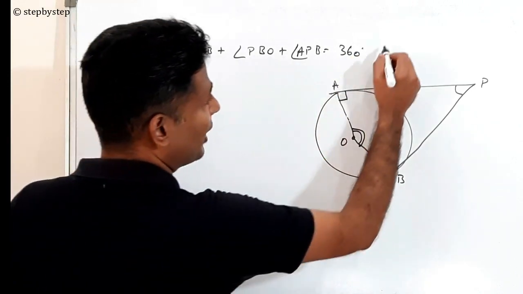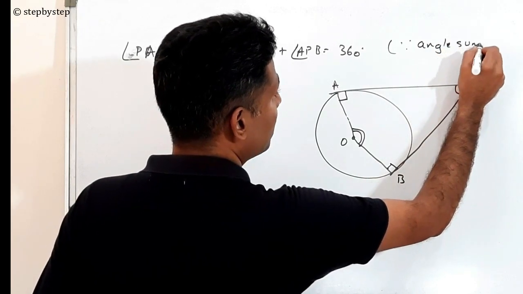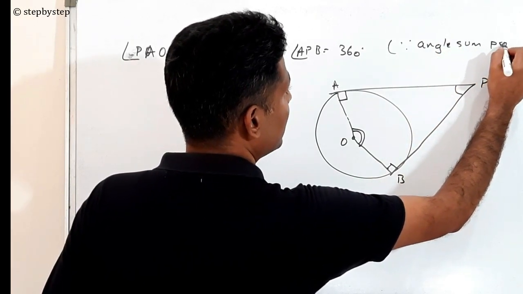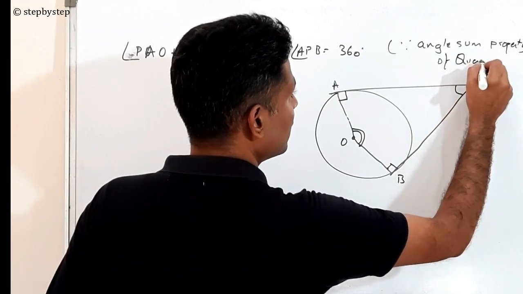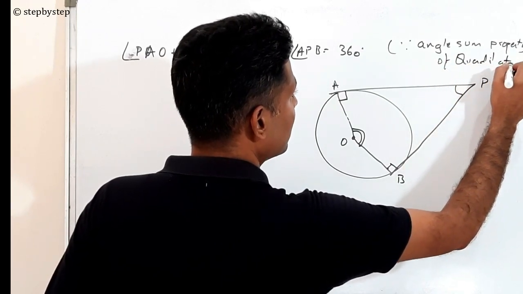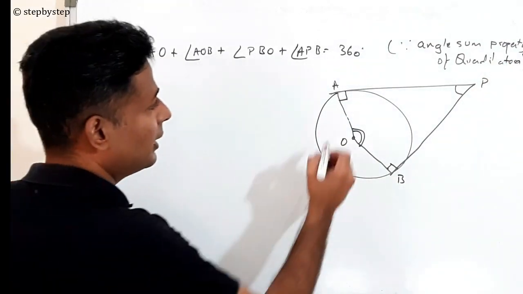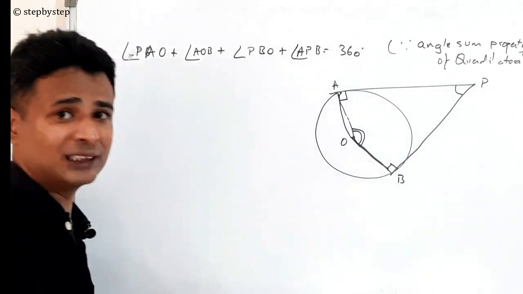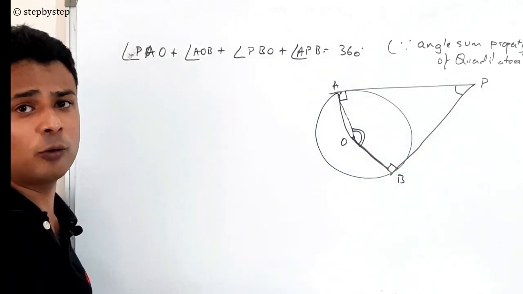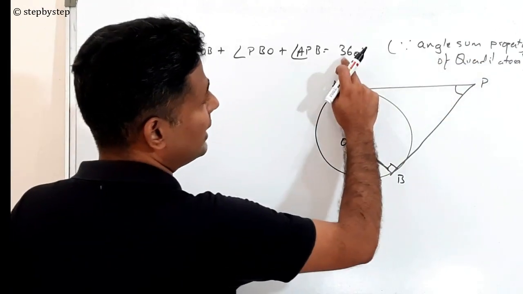Angle sum property of a quadrilateral. My handwriting has gone for a toss, but I hope you can understand. See, this is a 4-sided figure, so it's a quadrilateral. What is the angle sum property of a quadrilateral? The sum of all 4 angles will always be 360 degrees.